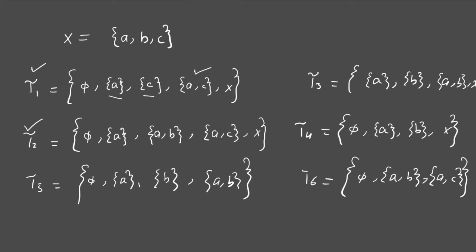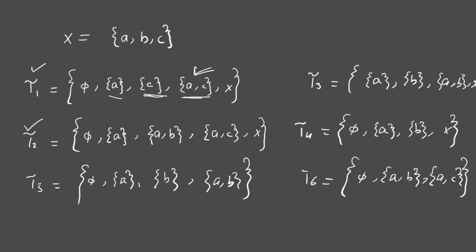If I take the union of C and AC, our answer is AC, which exists in tau. Now the intersection: the intersection of C and AC is C, and of A and AC is A. So tau 1 is a topology.